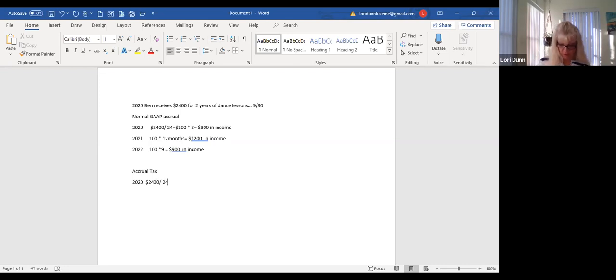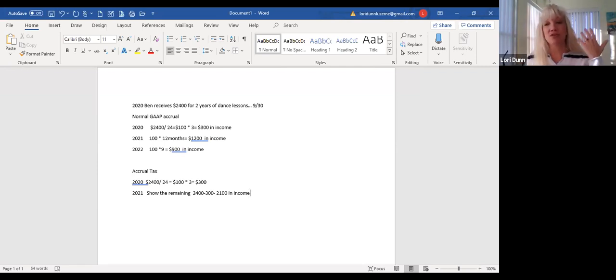So he earned $100 a month times 3 months, $300. In 2021, show the remaining amount in income. So you could defer the part that you didn't earn this year to next year. And even though you didn't earn it all by the end of next year, that's the rule. So they give you a little bit of a break.